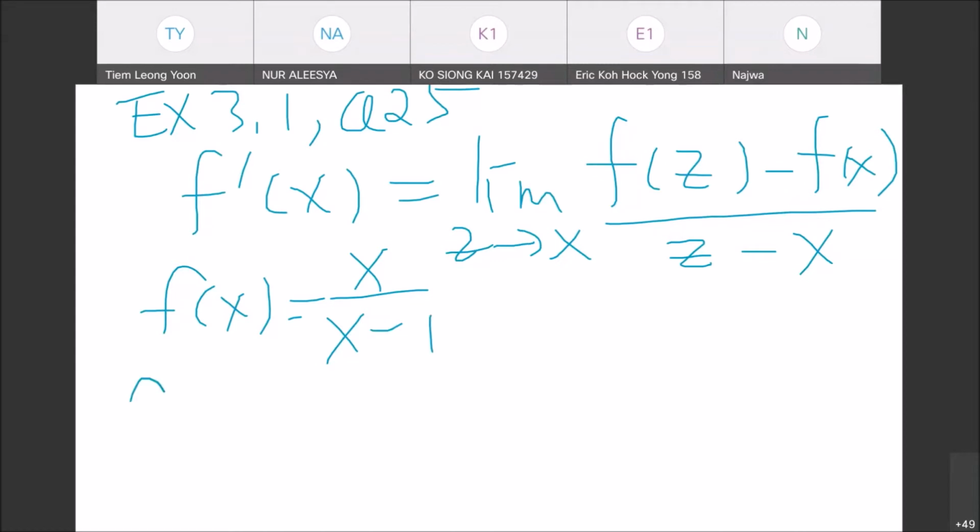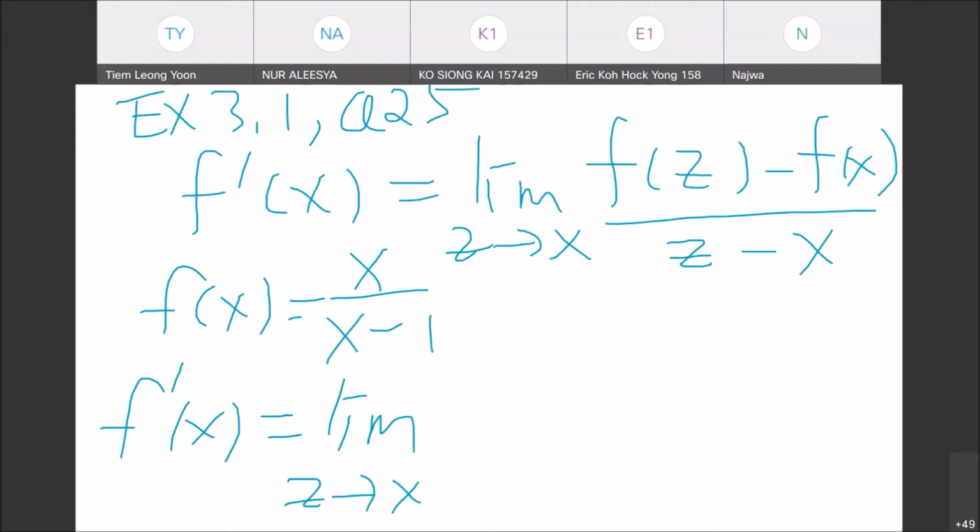Then you just try to write out what f prime is, which equals the limit as z goes to x of the function f at z. Yeah, so let's see how the question was. I have to look back at the question again.